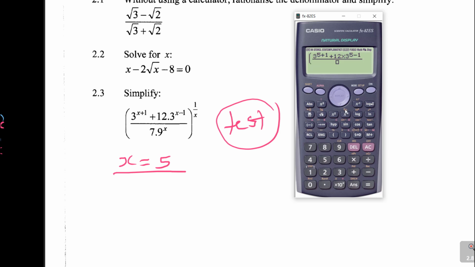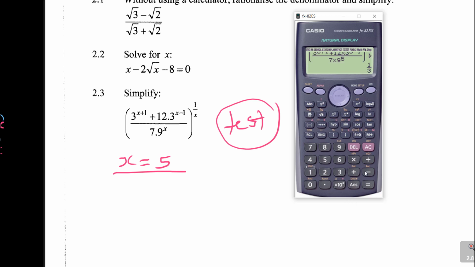Over 7 times 3 to the power of 5. And then from there, you close the bracket, to the power of a fraction 1 over 5.